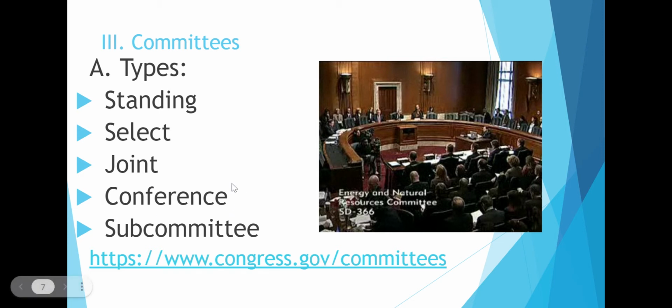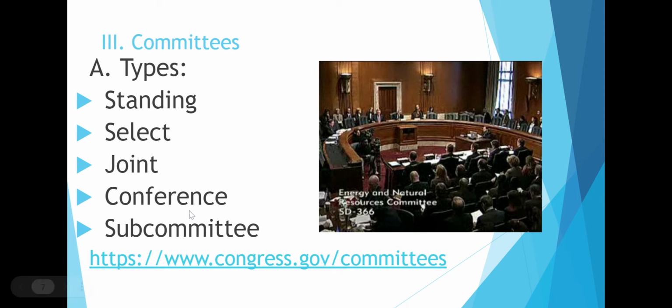So a conference committee is temporary. It's made up of members of both houses, and its purpose is to iron out two different versions of a bill, come to a compromise that both houses then have to vote on again before it can go to the president's desk. Like I said, we're going to come back to conference committees because they play an important role in how a bill becomes a law.